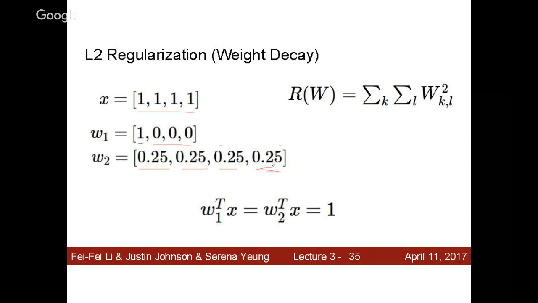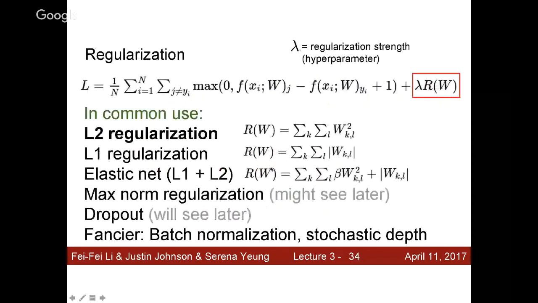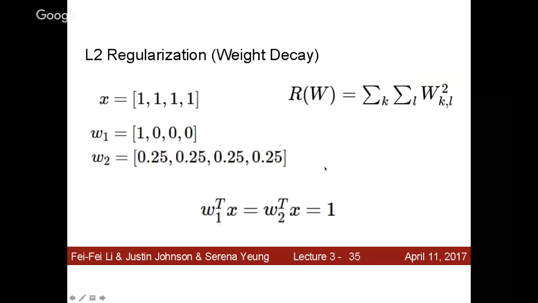I want to look at how the weights are going to differ. If I use L1 regularization, which just says sum up all of the coefficients, well, 1 plus 0 plus 0 plus 0 equals 1. And 0.25 times 4, because I'm adding it 4 times, is equal to 1. So our L1 loss for both of these weight vectors is the same, 1.